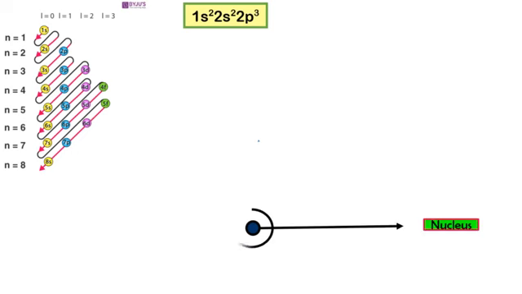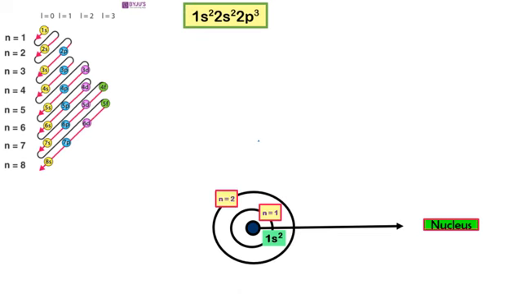The first orbit is n equals 1, meaning first energy level, and you can find there the 1s2 configuration. In the second orbit, which is represented by n equals 2, you can find the 2s2 and the 2p3.